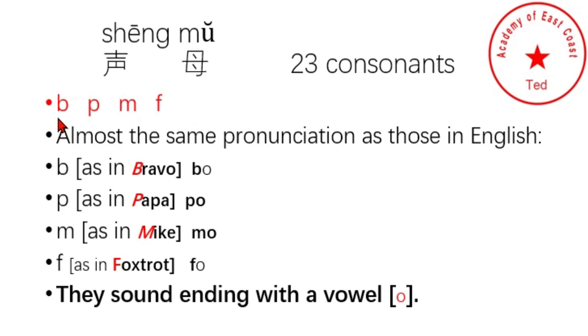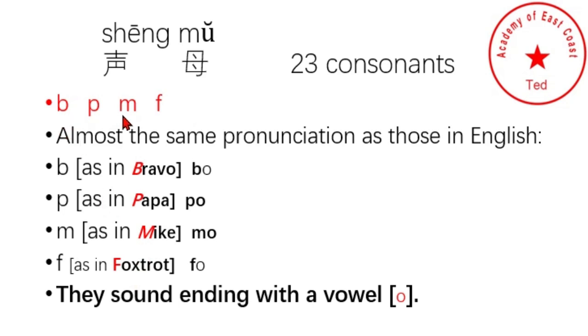Now we're going to learn 4 consonants. Bo, po, mo, fo. Bo as the B in Bravo, po as the P in Papa, mo as the M in Mike, fo as the F in Foxtrot.